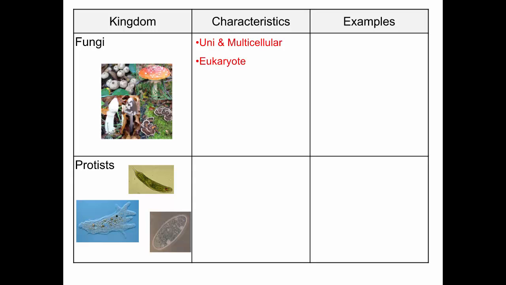How about their nutrition? What would you say? How does a mushroom get energy? Are they like plants? Abby? Does it get it from like the ground? Sort of. From the roots? They are decomposers. They break down dead organisms, organic matter.